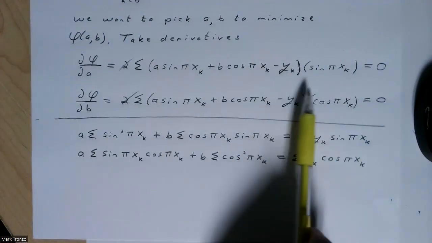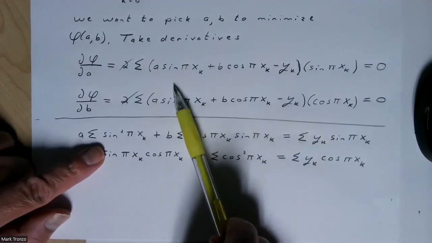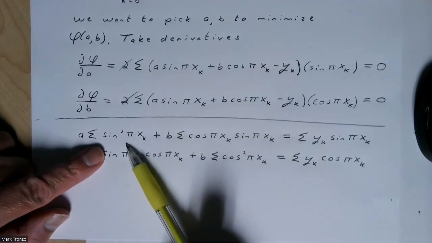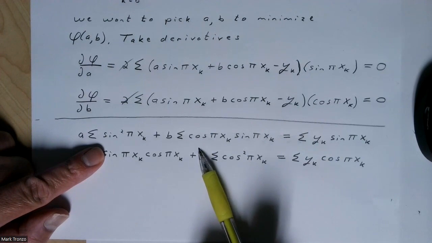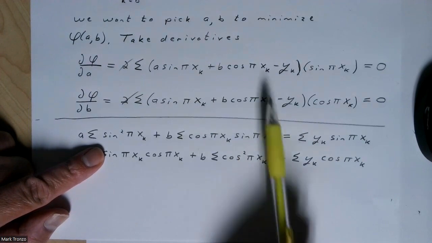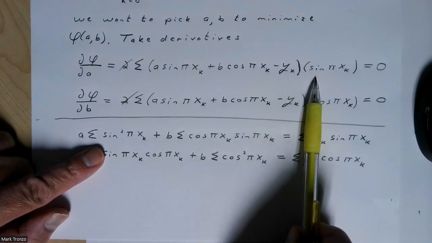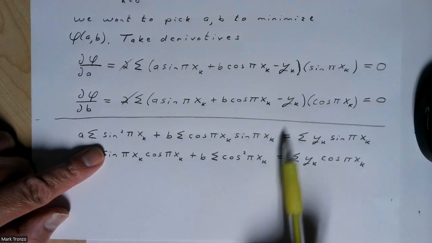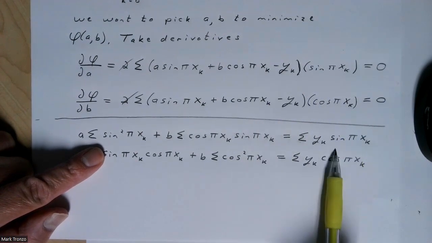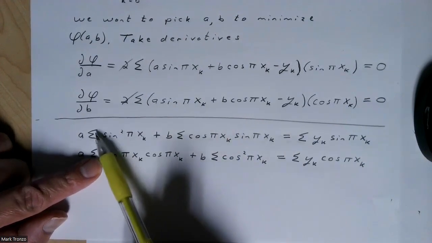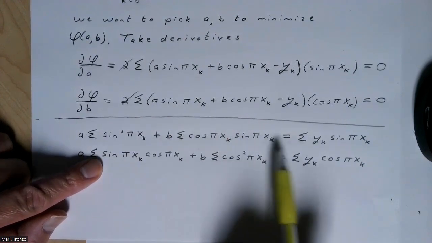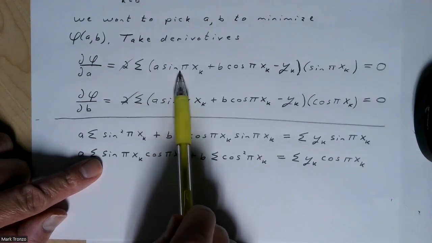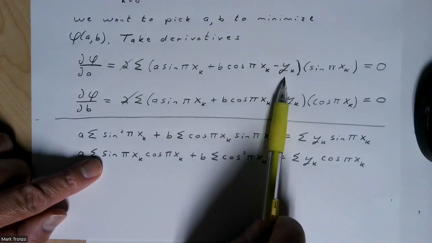Okay, so again, I multiplied the sine through here, got sine squared cosine, and then I got y sine pi x. Now, this was negative. I moved this over to the right-hand side, made it positive. And also, again, I distributed the summations to here, and then to here.